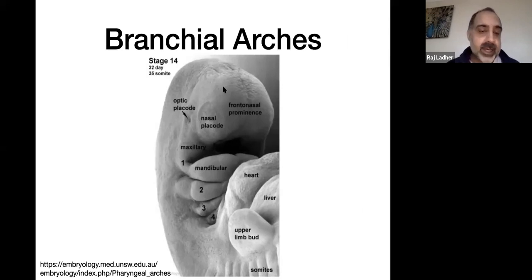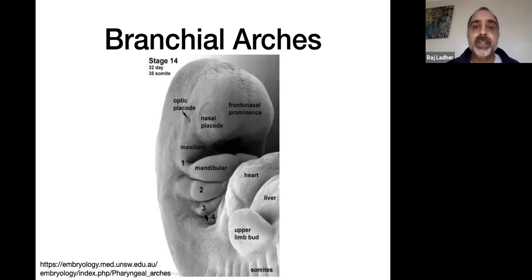So what you're looking at here is a human embryo at 32 days. You're able to see the rudiment of the eye here, the rudiment of the nose, the nasal placode, and these here are the branchial arches. And so there's one that will form what's called the maxillary arch, the mandibular arch, and a few other arches as well.